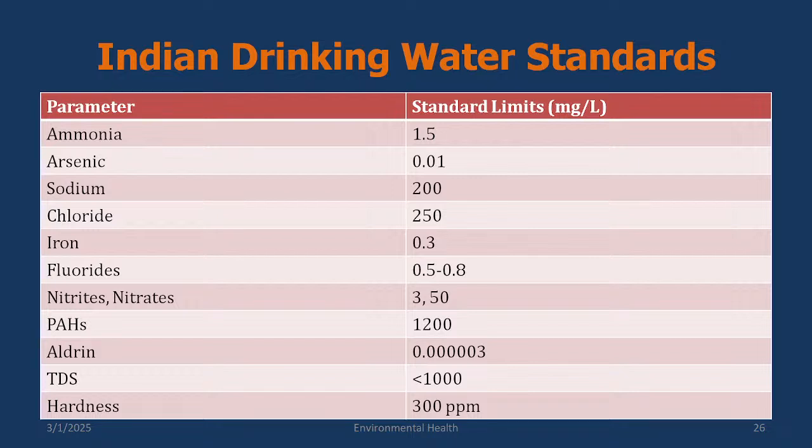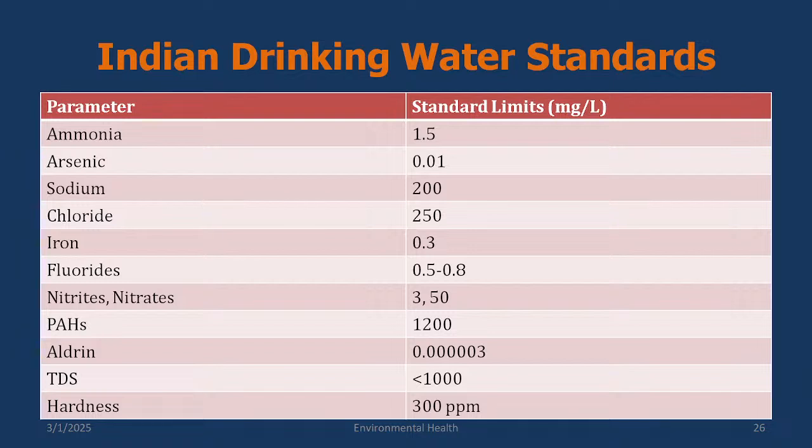There are two popular terms which you might have come across when you have seen your home RO or UV filters. One is called TDS, one is called hardness. TDS is total dissolved solids and hardness is one component of that. So there is a cutoff for both of these. Till 1000 it will be acceptable, and for hardness till 300 will be acceptable.